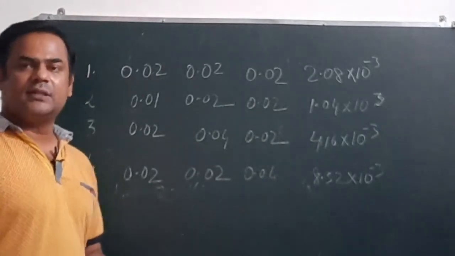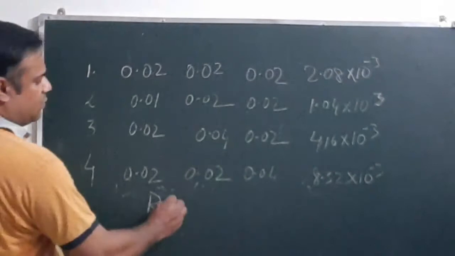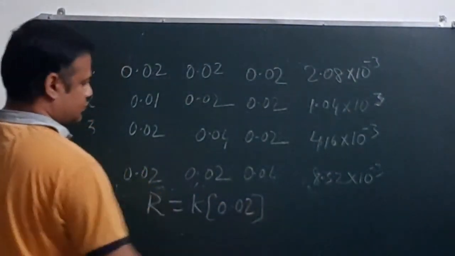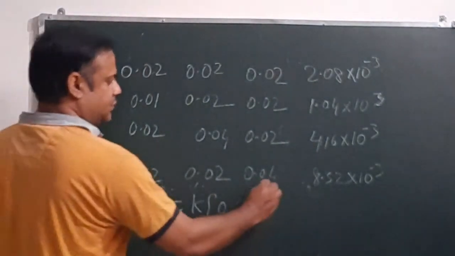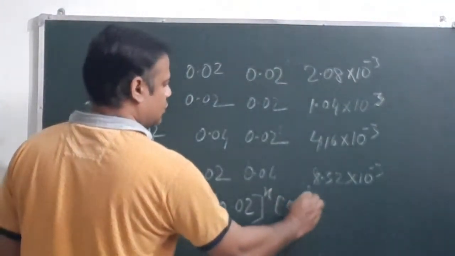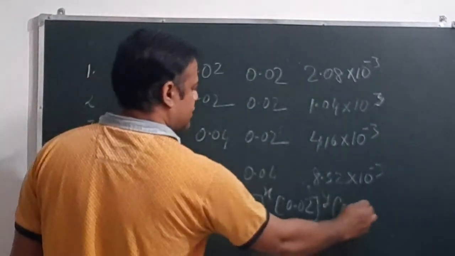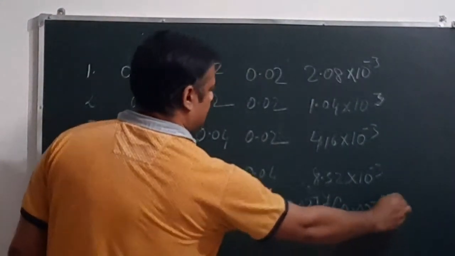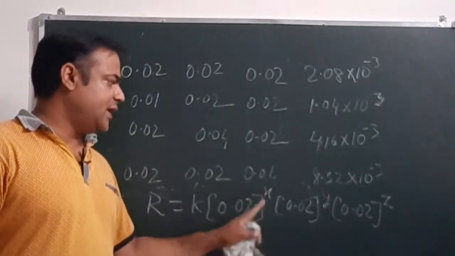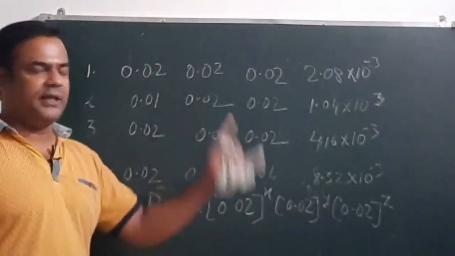Now we will write the rate expression for this first and third. So for the first we write R equals to K 0.02 X, B concentration is 0.02, Y, C concentration is also 0.02, Z. So we'll write the rate expression R equals to K 0.02 X, 0.02 Y, 0.02 Z for the first experimental data.